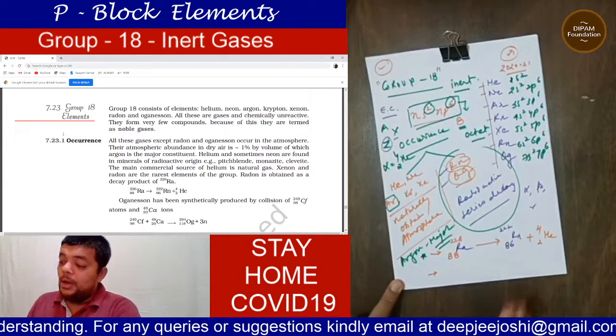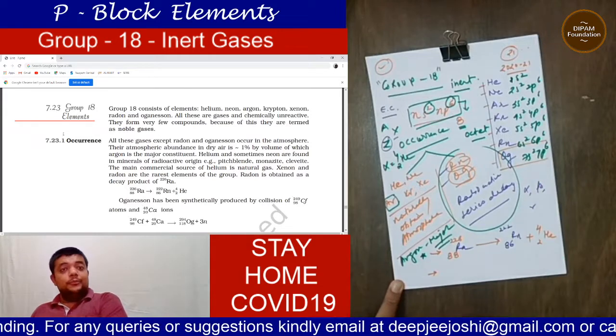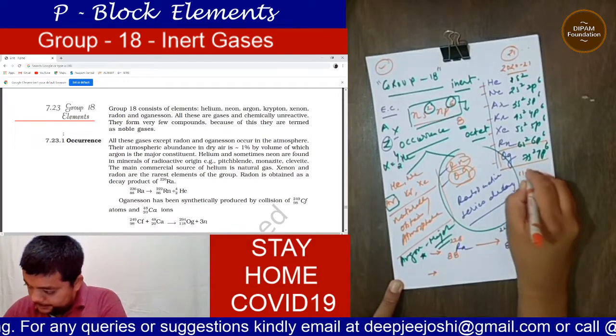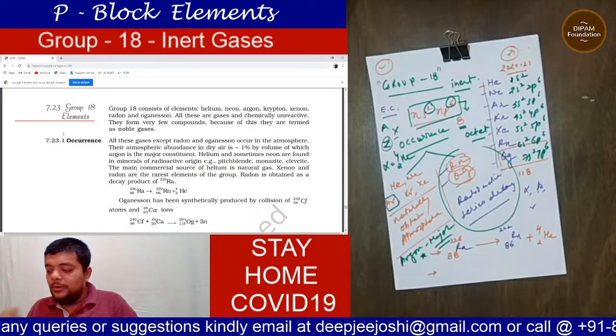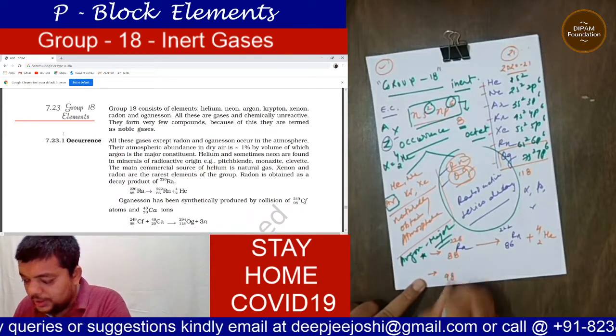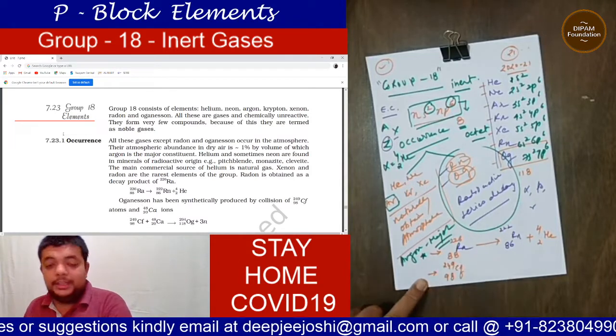Coming forward, now we are going to learn Oganesson, one of the newest elements of group 18 having atomic number 118. It's a very beautiful reaction where, if you focus, you have 98 californium 249.